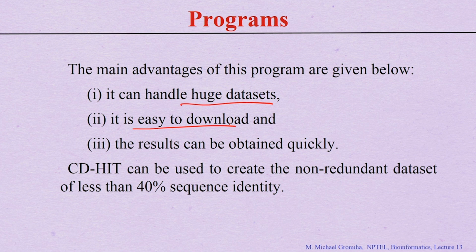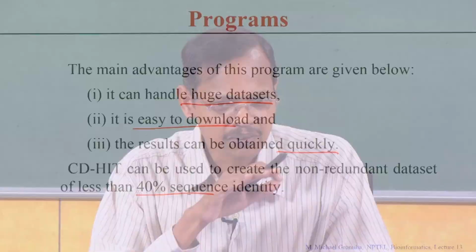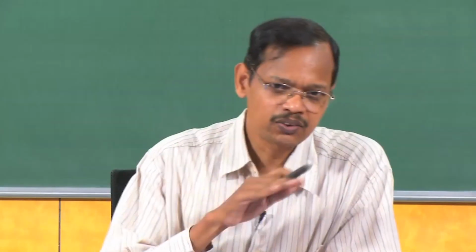We can use CD-HIT to create non-redundant sequences at different sequence identities, for example 40%, 50%, 60% and so on. The disadvantage of CD-HIT is that it has some limitations in restricting the sequence redundancy, either up to 30% or 40%, depending upon the program you use online or the downloadable version. So, that is the only disadvantage.